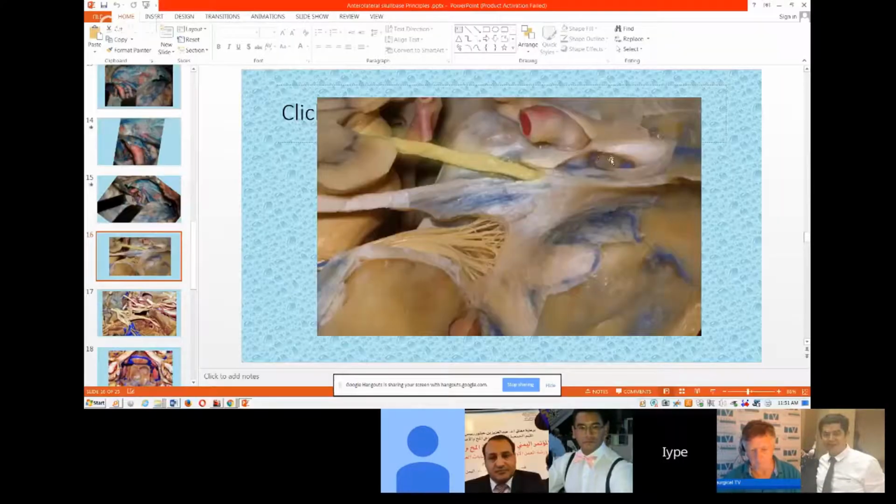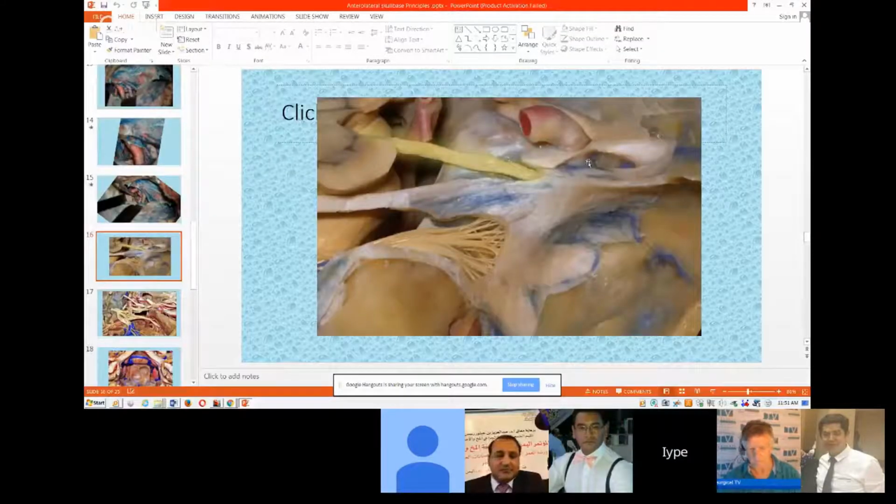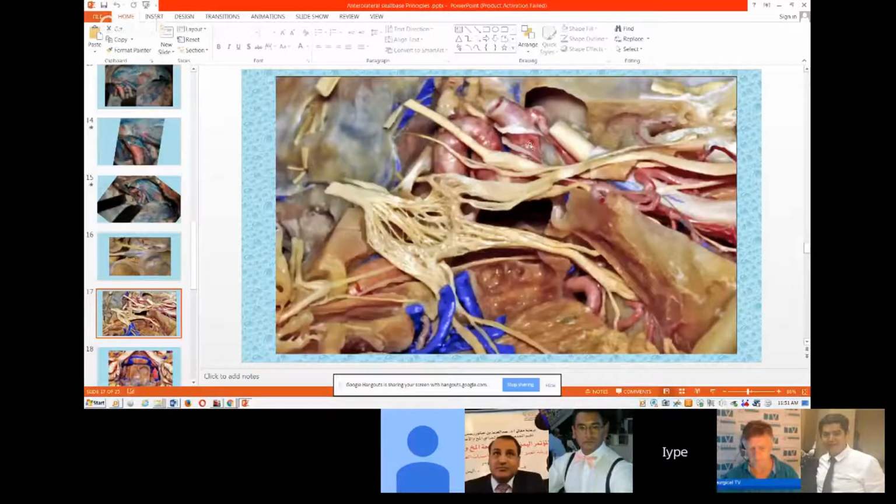And this space was initially occupied by the anterior clinoid process. Now let's see again. That is C3. That is C4. C5 is vertical again. C3 is vertical. C5 is vertical. And this is C6, petrous carotid.